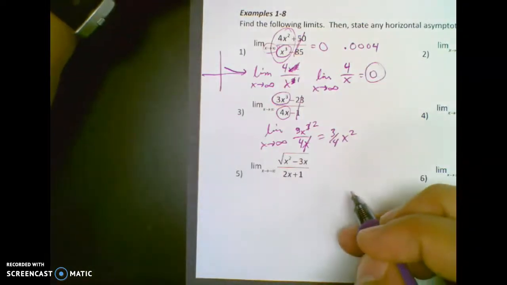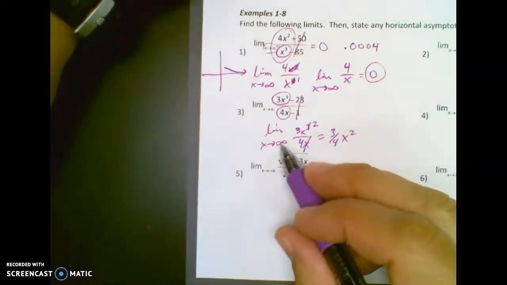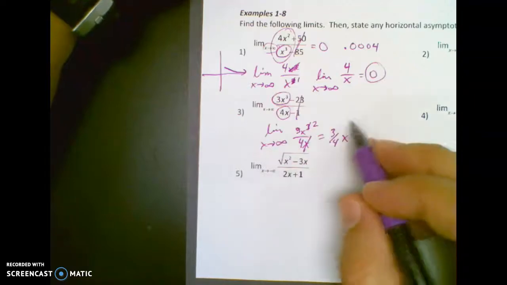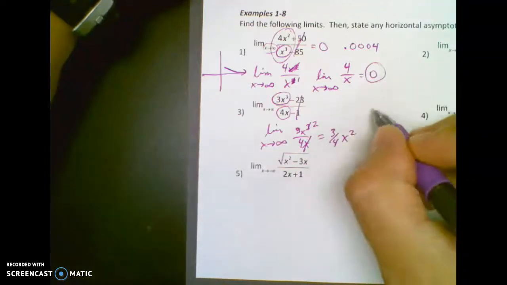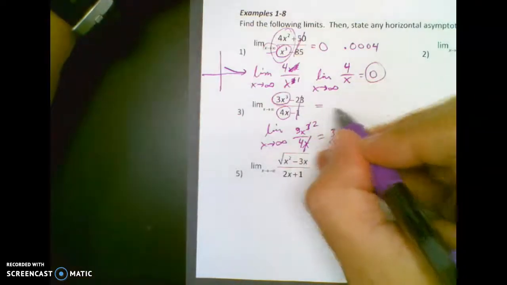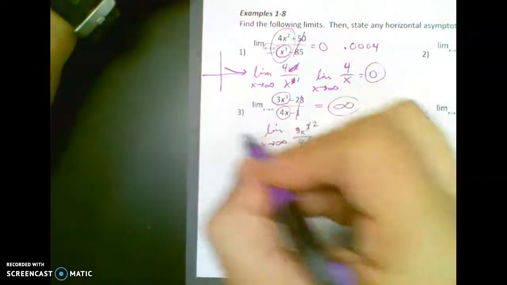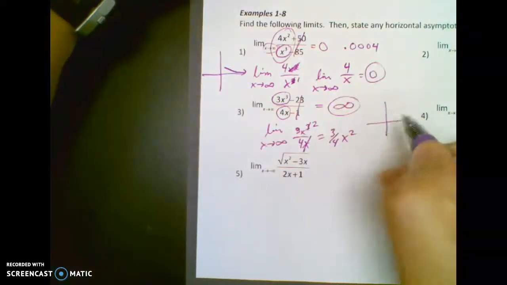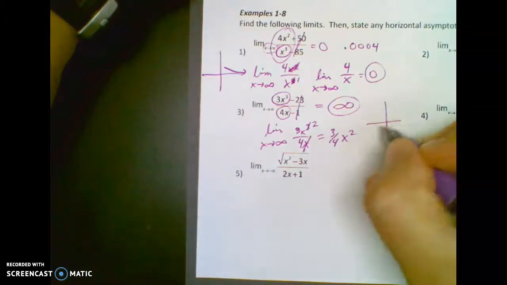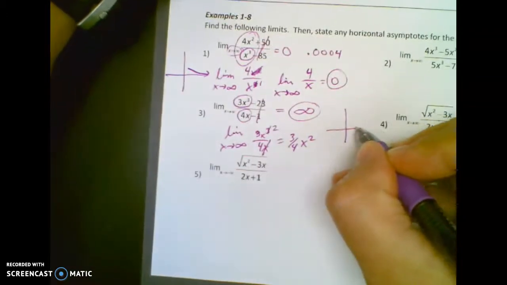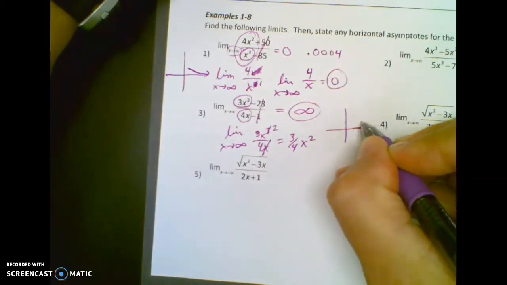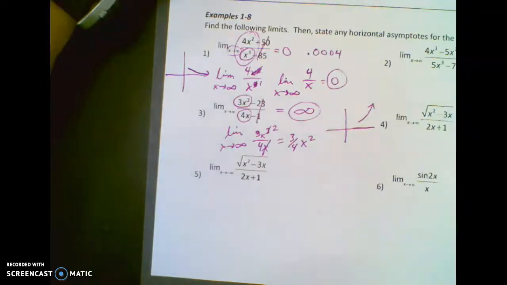It's still ridiculously big. So as x gets bigger and bigger and bigger, this whole thing gets bigger and bigger and bigger. So that is positive infinity. If I looked at its graph, I don't know what it's doing early on. There could be asymptotes, there could be all sorts of stuff. But I do know as I go way out to the right, my graph goes up because that's positive infinity.